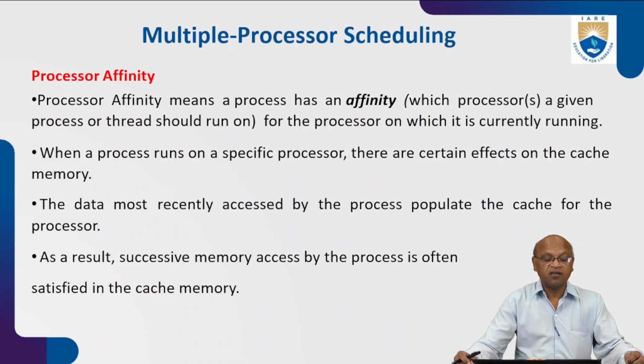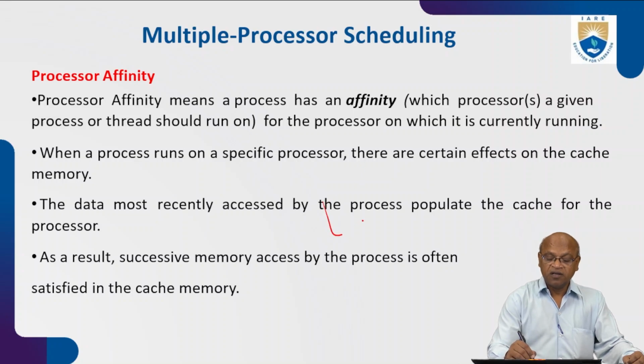So, multiprocessor scheduling: process affinity. Process affinity means a process has an affinity for the processor on which it is currently running. When a specific process runs on a specific processor, there are certain effects on the cache memory.